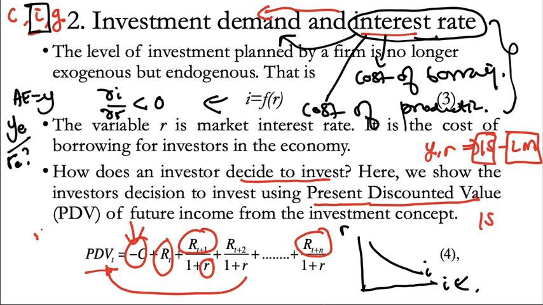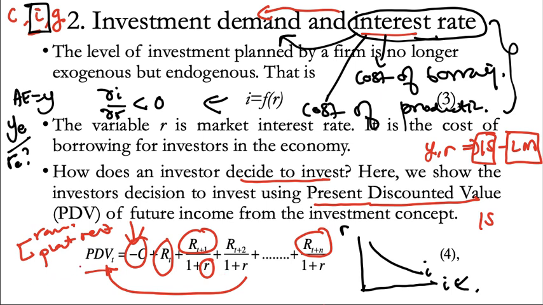Of course, you have raw materials you have to buy, and then you have plant that you have to pay the rent for and whatnot. So this is what is meant by this cost. So this is the cost of the project. And R here is actually net income or return. Small letter r refers to interest rate.